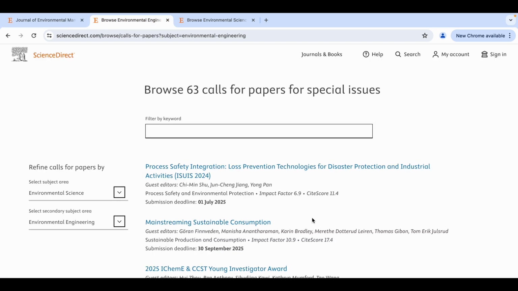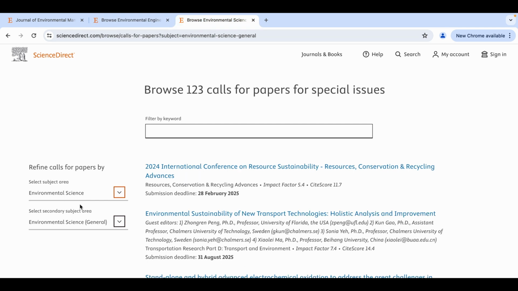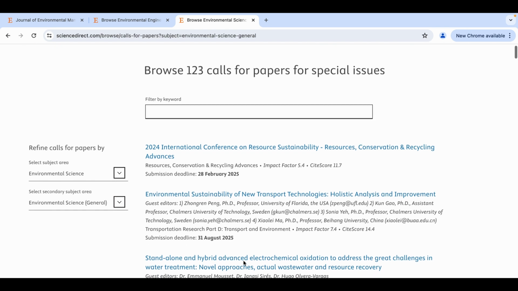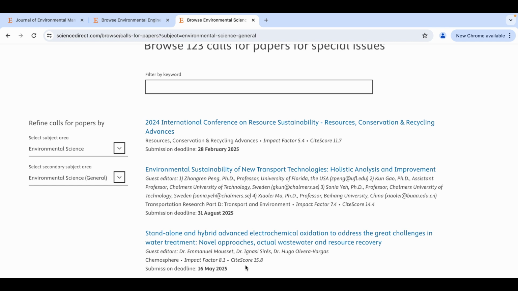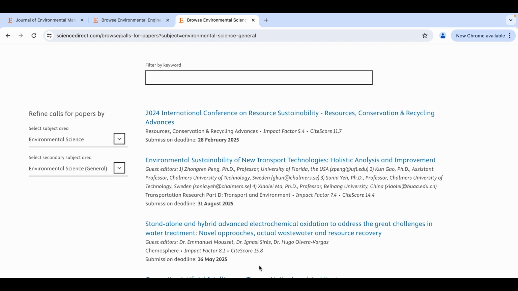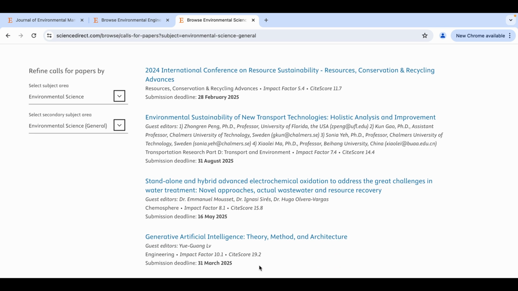If you don't have a particular journal in mind, you can also just browse and refine your subject area, like I did here, environmental science and engineering, or just environmental science in general, and then look out for what the discussion is currently interested in, what they want researchers to carry out as a study.